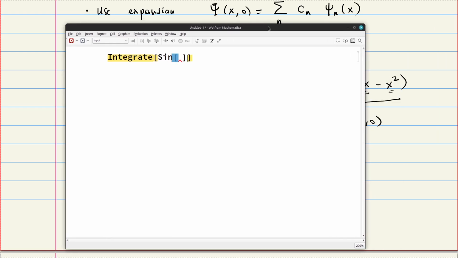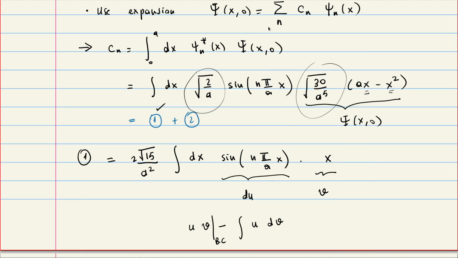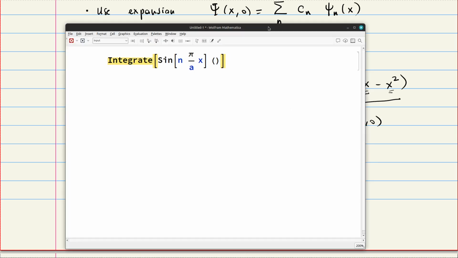So this is sine n pi over a x times a x minus x squared. I want to integrate this thing from x 0 to a.